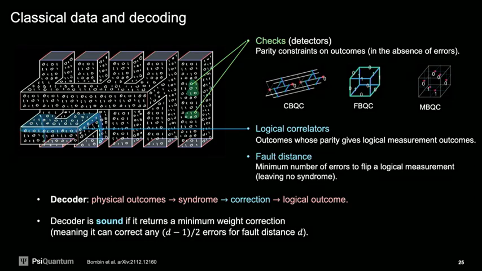This is a nice property to have because it means you can always correct up to (d-1)/2 errors for a fault distance of d. Because if you have such an error, then the weight of the correction will be less than that, and then the combined error plus recovery will be weight less than d, so no logical error can occur. This is not a necessary or sufficient condition for having a good decoder, but it's usually a good design principle for making sure that you're not missing any local errors that could cause problems.